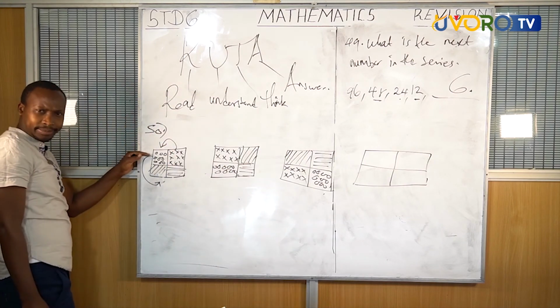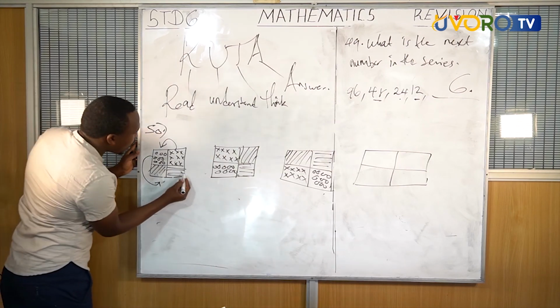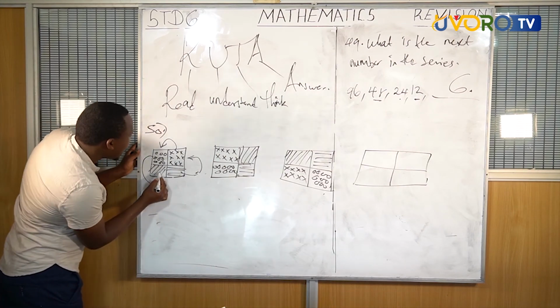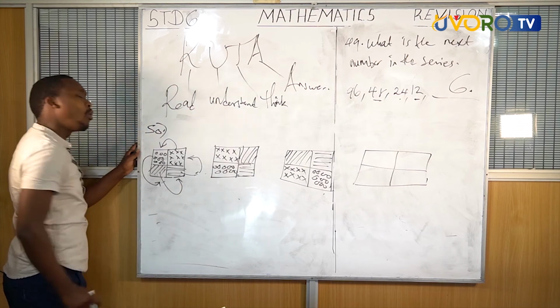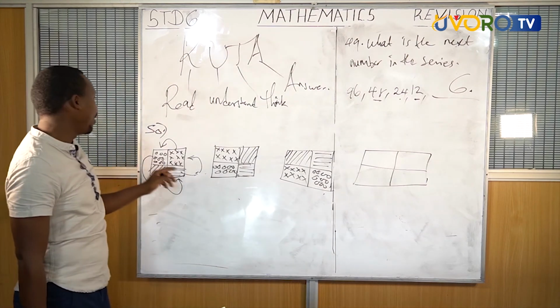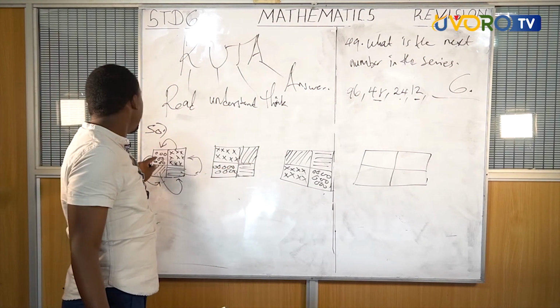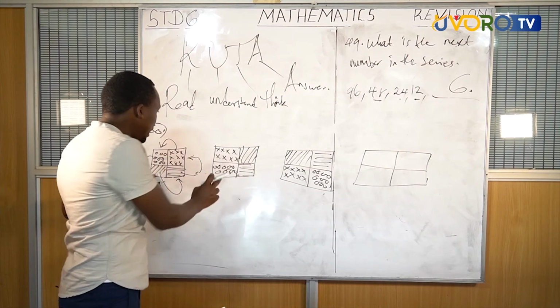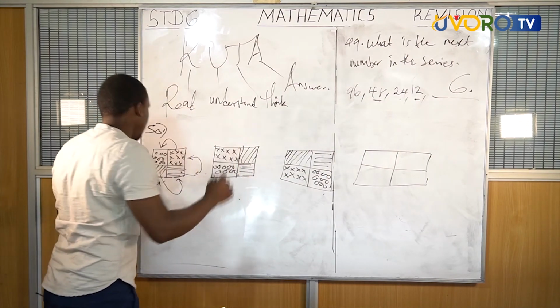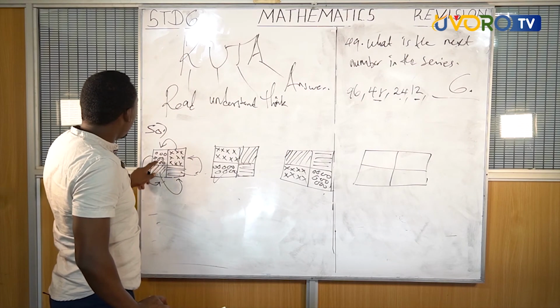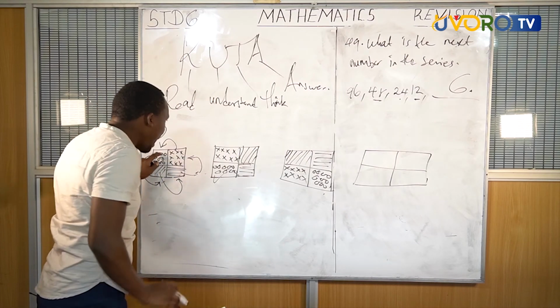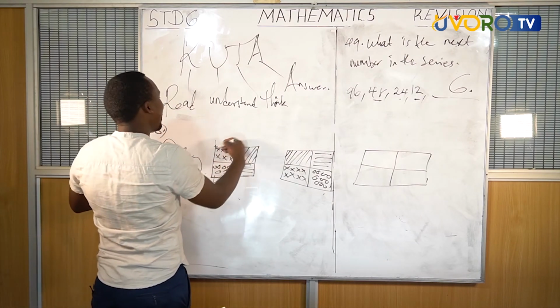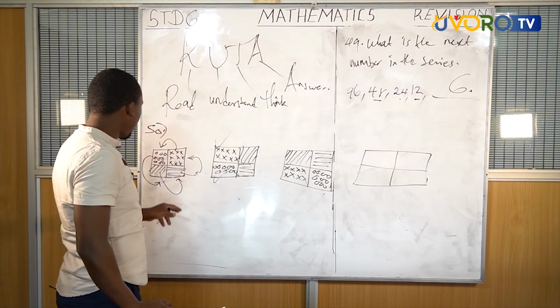Are we together? Yes. So this one comes there. And this one comes there. Are we together? And you can just see. This one comes here. Is it here? Yes. Okay. This one comes here. Is it here? Yes.